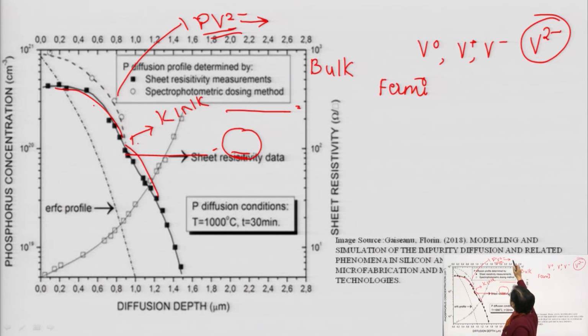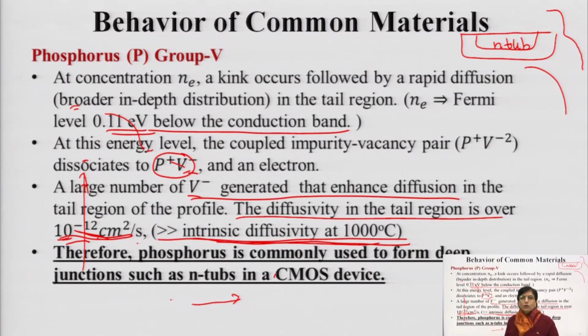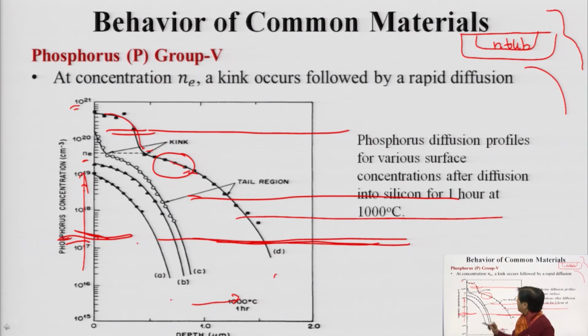Once they get dissociated, instead of doubly charged they become singly charged vacancies, and the diffusion profile then gets enhanced, and you will have further deeper penetration into the tail region. This typical behavior is also known as kink. This is what is being shown.